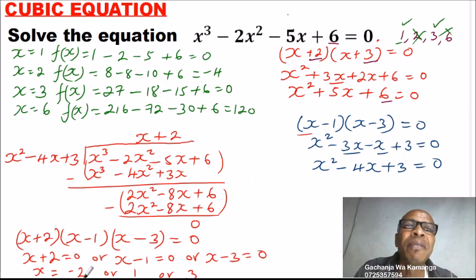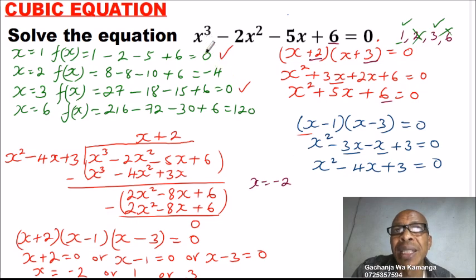If you substitute these values, x equals minus 2 in our equation, you should get 0. We did the same with the others. Let's see whether it will satisfy the equation. X cubed, minus 2 cubed, gives you minus 8.